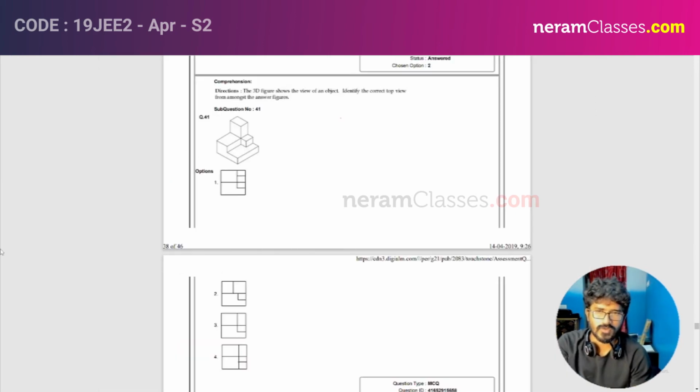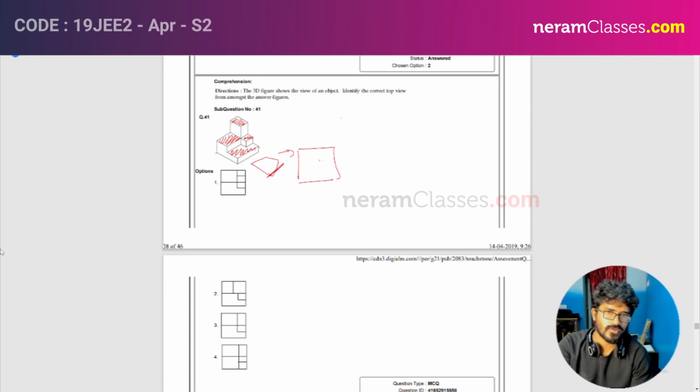So question number 41 is they have given a 3D solid and we need to find out the top view of this 3D solid. Okay, so based on this orientation, we can see that this can be shown like this, that is it is here in this direction. Now it is rotated like this.